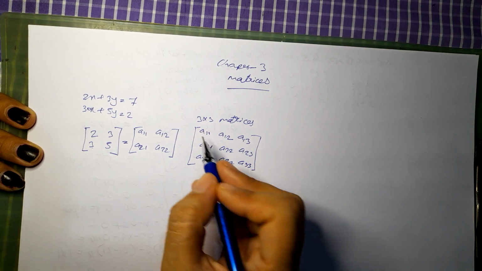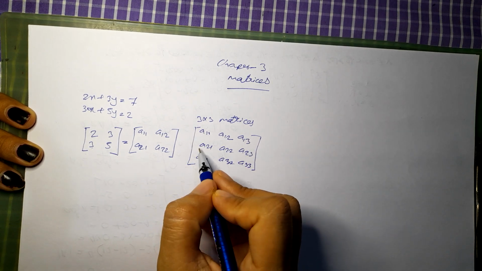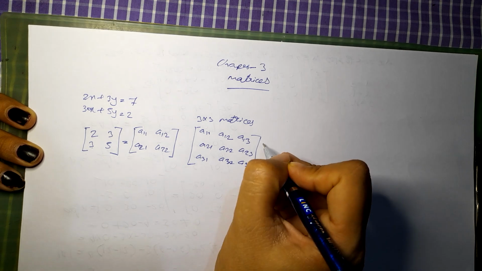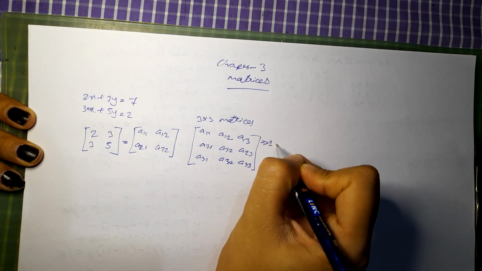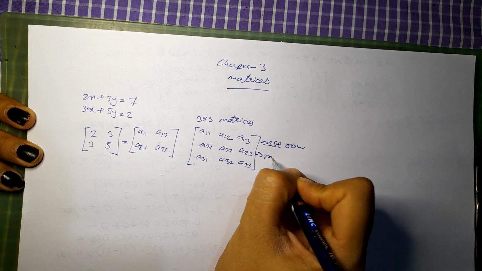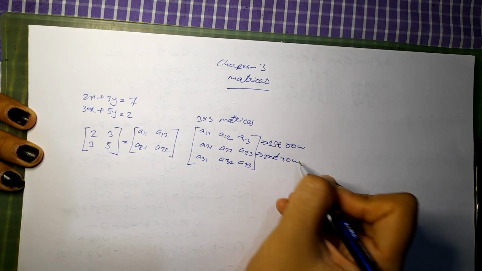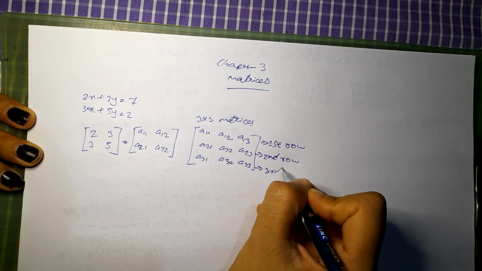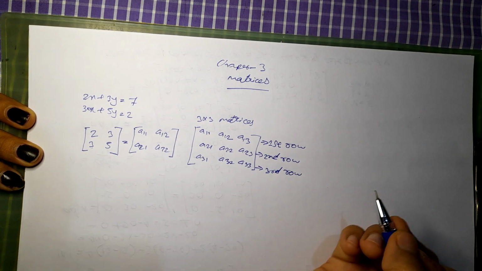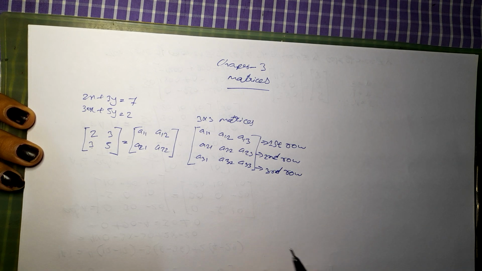Now how many rows do we have? First row, second row, third row. So this is the first row, this is the second row, this is the third row. We're going to deal only up to the 3 cross 3 matrix. We can write a 4 cross 4 matrix also, but we don't need it.